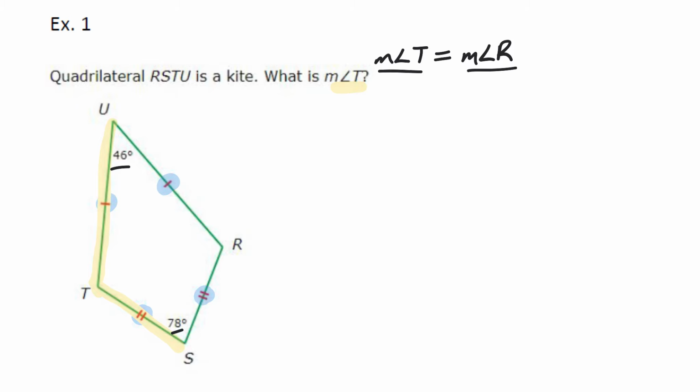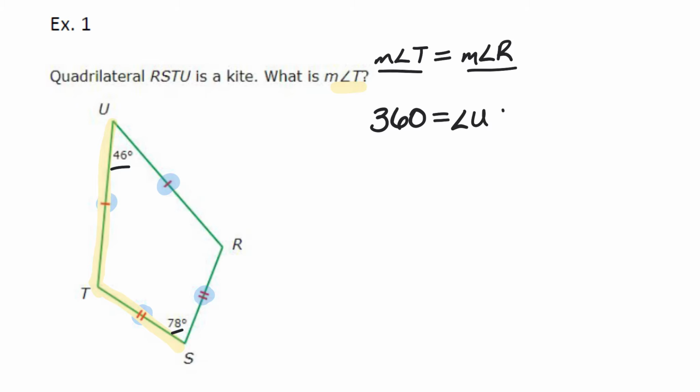Think about the other information we know about kites, and not just kites, but also any quadrilateral. Hopefully what comes to mind is that the sum of interior angles is 360 degrees. So all the four angles added up are going to add up to be 360 degrees. So let's think about what our four angles are.